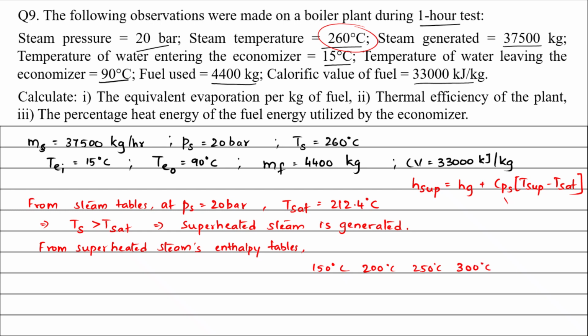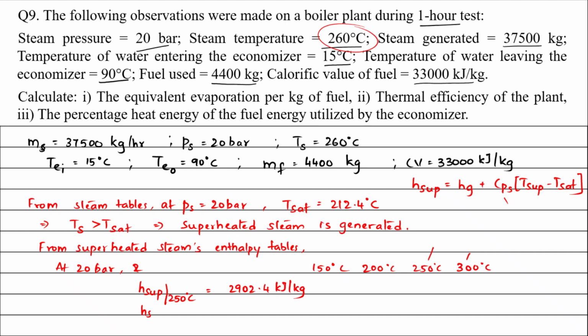So I'll have to take the values of the enthalpy of steam at 250 and 300 degrees Celsius, and then interpolate them to get the enthalpy of steam at 260 degrees Celsius. From the superheated steam enthalpy tables at 20 bar, the enthalpy of superheated steam at 250 degrees Celsius is 2902.4 kilojoule per kilogram.